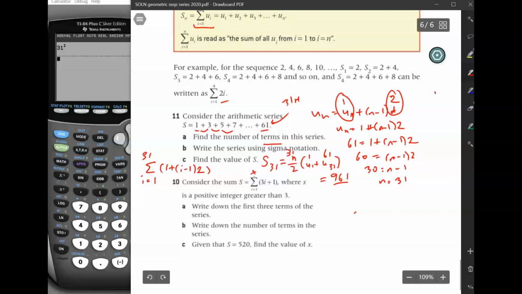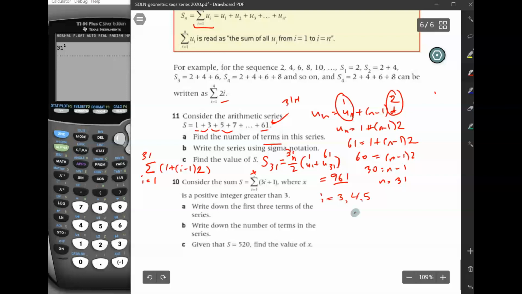Okay, so write down the first three terms of the series. The easiest thing to do is just plug in the indexes for the first three terms. Normally we always have i equals 1 down here, but this one is i equals 3, which means the first three indexes we're going to use are 3, 4, and 5, right?